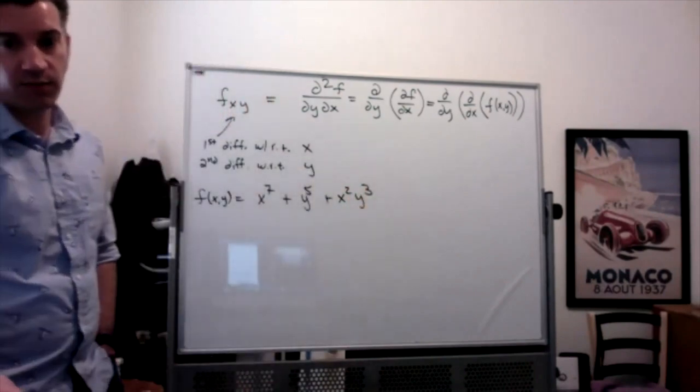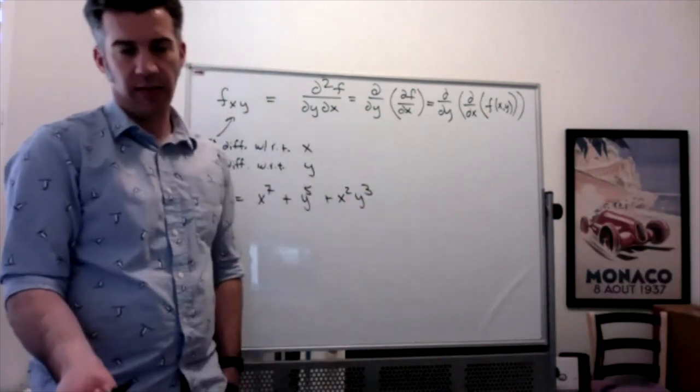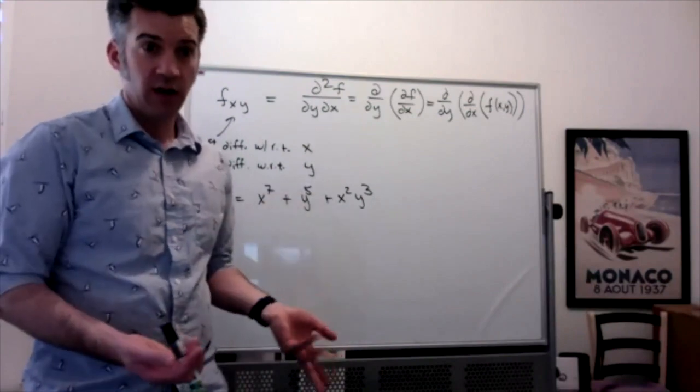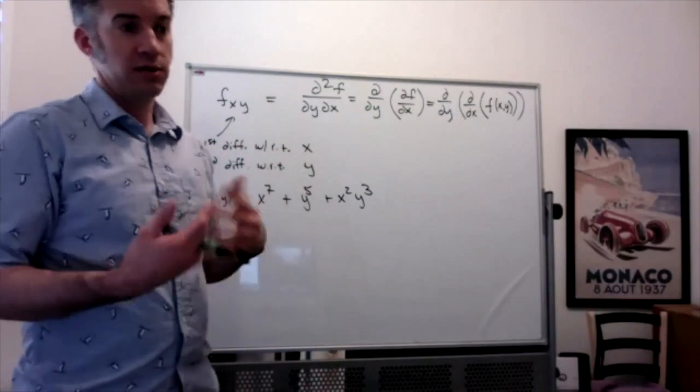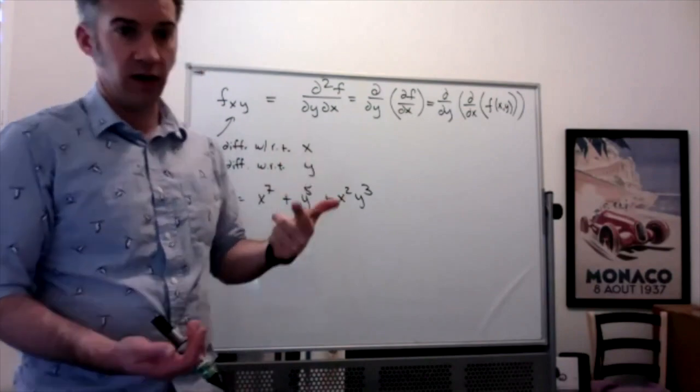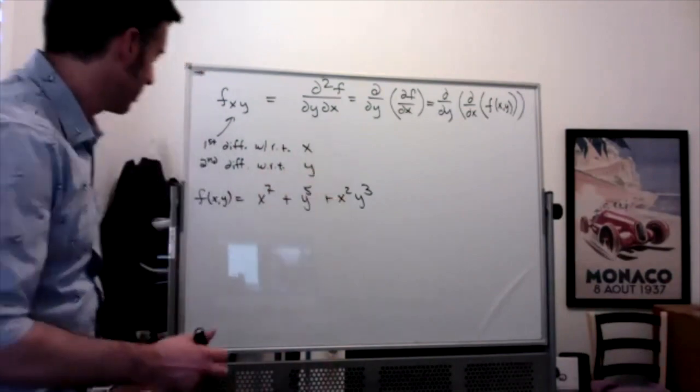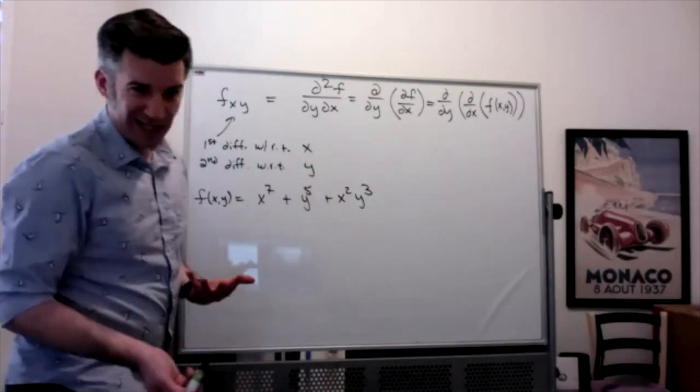And I want to find all 6 first and second derivatives. So the 2 first partial derivatives and the 4 second derivatives, meaning fxx, fyy, and the two mixed partials. This one's a little bit easier than the previous one.